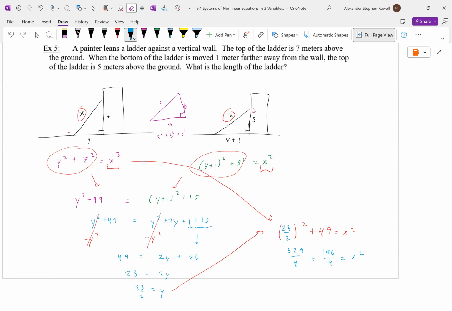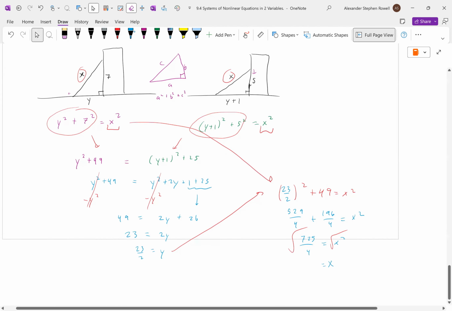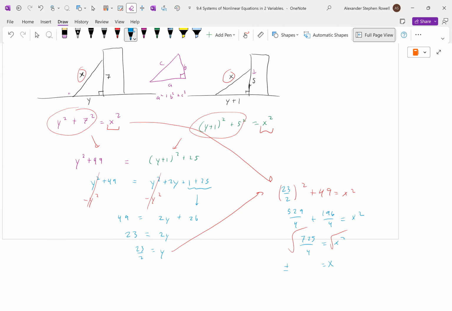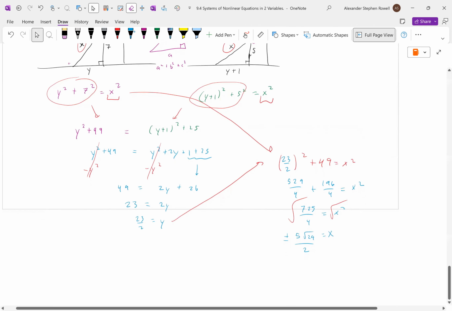So we'll add 529 and 196 to get 725 over 4. Square root both sides, so isolate x. x is equal to plus or minus... 25 goes into 725 29 times. So we can write 5 root 29 over 2. Okay, and we're talking about the length of the ladder, so we just want the positive answer, 5 root 29 over 2 meters.